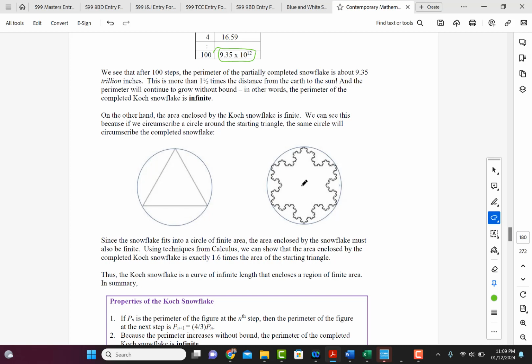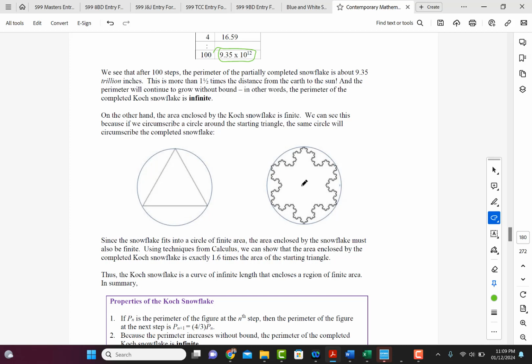So we know that the area will always be less than the area of that circle. Since the snowflake fits into a circle of finite area, we can deduce that the area of the enclosed snowflake must also therefore be finite.